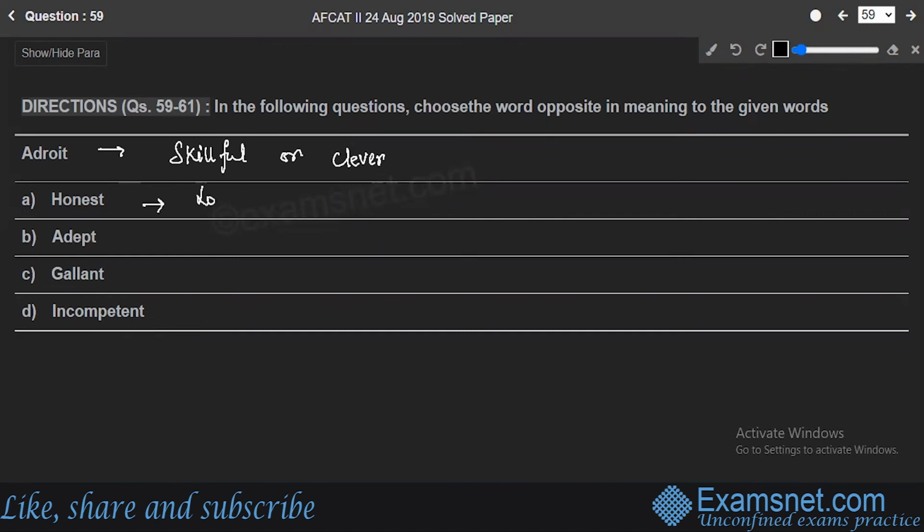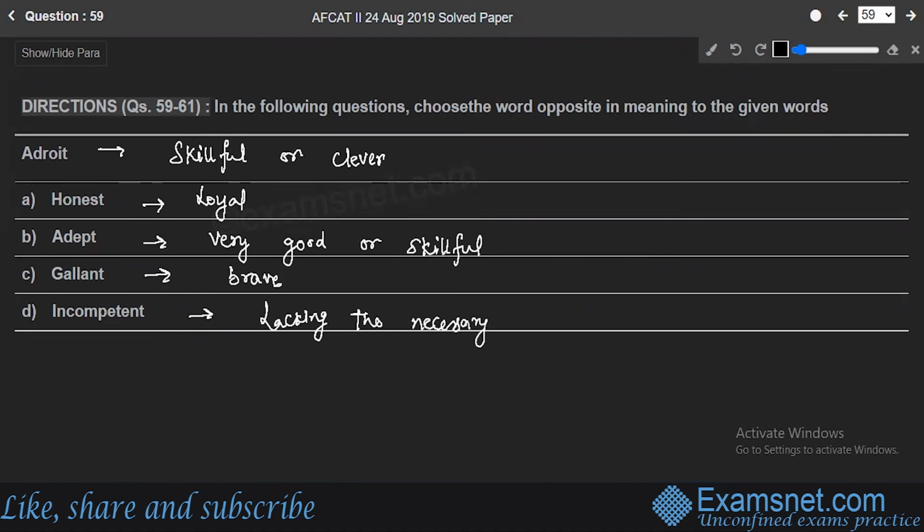Honest means being loyal to someone. Adept means very good or skillful. Gallant means brave. And incompetent means lacking the necessary skills to do something.